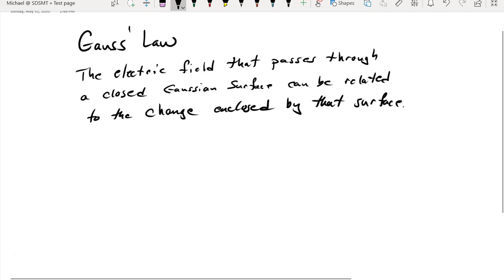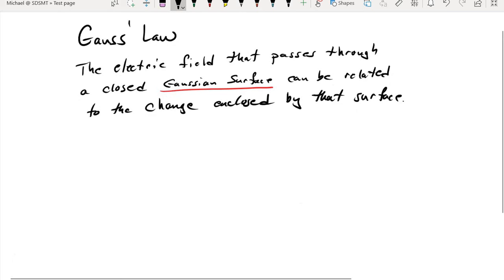But Gauss's Law will take the electric field that passes through a closed Gaussian surface, and we'll define what that is here in a few moments, and then relate that to the charge that is enclosed by that surface.